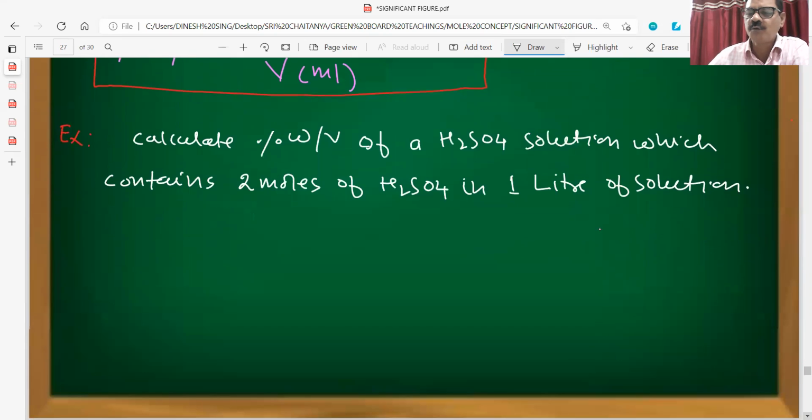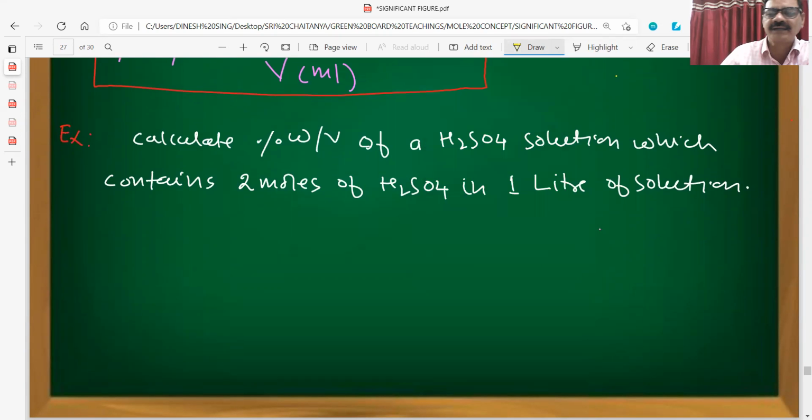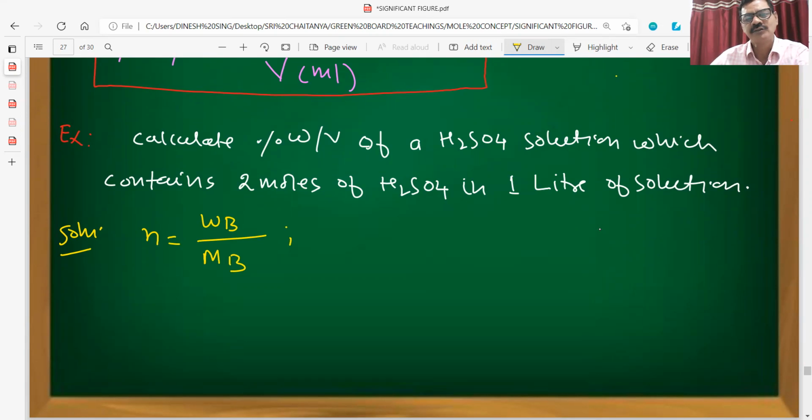Since moles are given, from the moles we first calculate weight. Moles is equal to weight of solute divided by molecular weight of solute, MB. And the molecular weight of H2SO4 is 98 gram per mole.